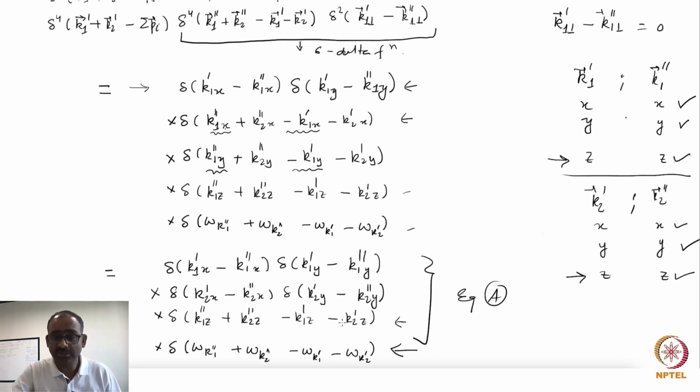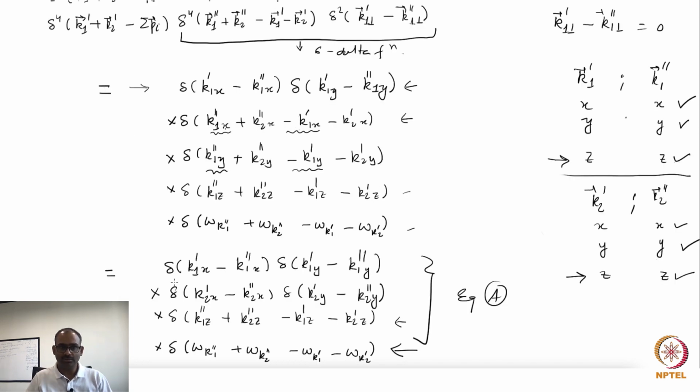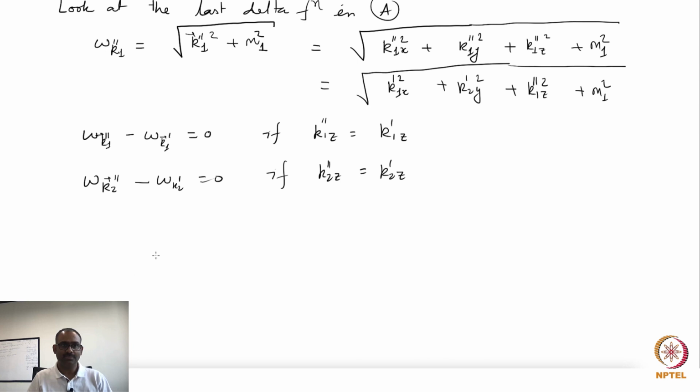I'll think about it later if there is something sloppy in the argument, but I'll just proceed now. So what in essence you get, looking at these two last delta functions, is delta k1, no, everything is fine, I guess.